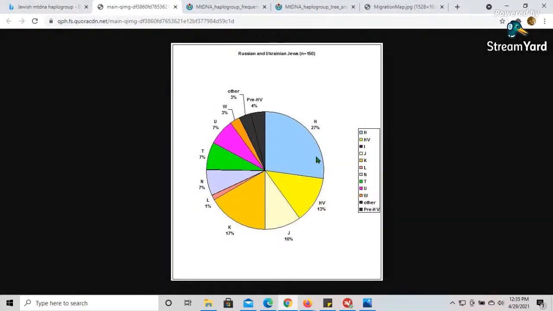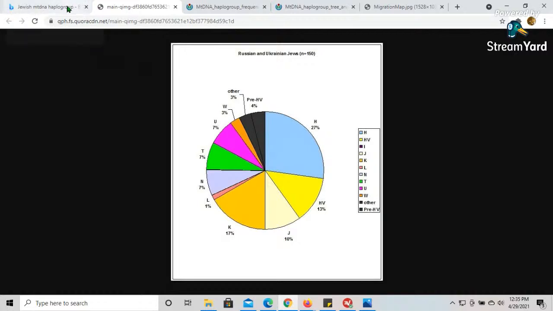Okay. So here I have the H, the HV, the J, the K. Remember, this L is African. The N, which is still Semitic. The T, the U, it's all Semitic. The W, other here, pre-HV. Okay.